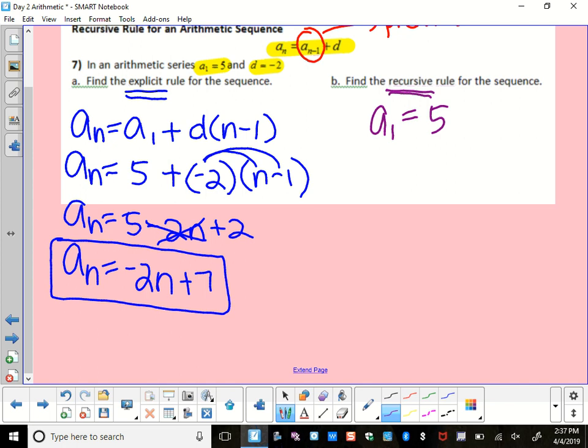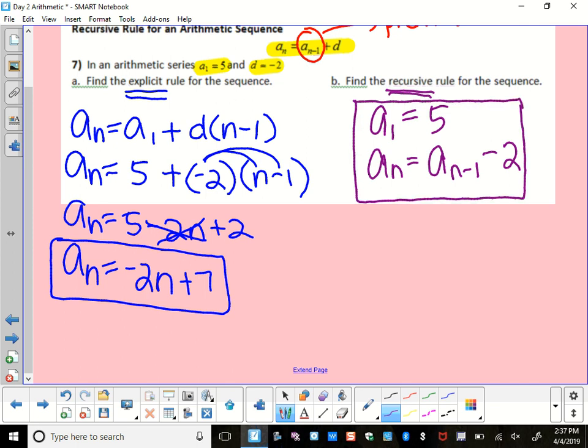Alright. My recursive rule says previous term plus my difference. That's all you write. You write your previous term, so a sub n minus 1, and your difference was, no, my difference was -2.